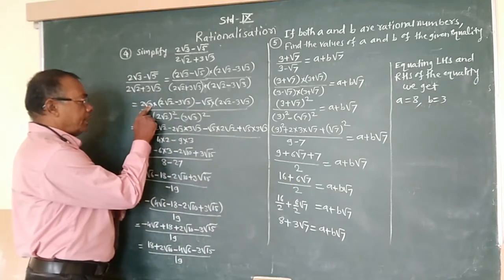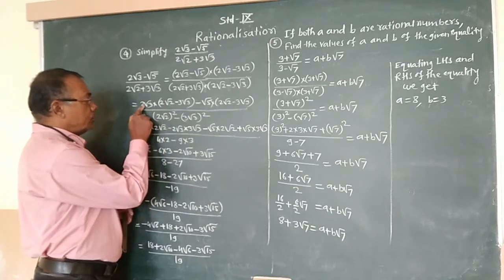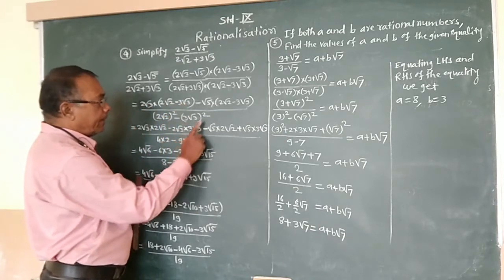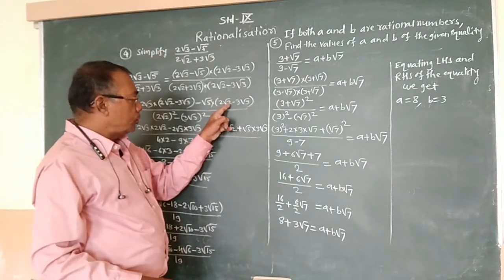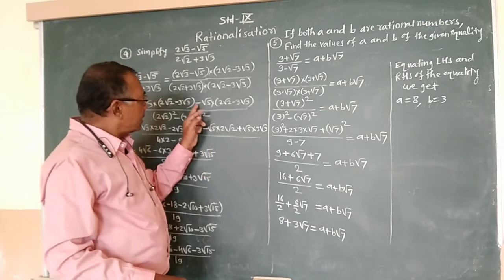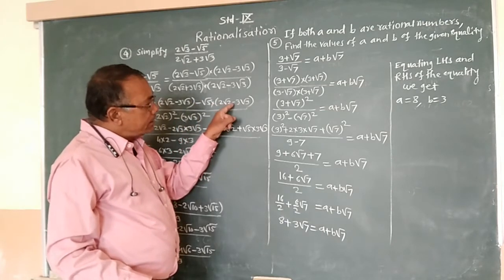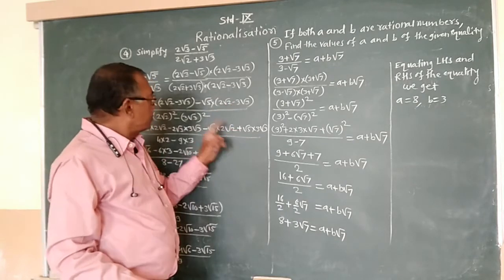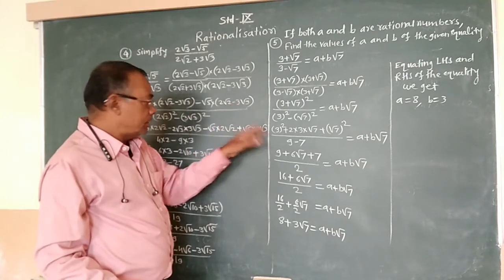Here 2 root 3 into 2 root 2 minus 2 root 3 into 3 root 3 minus root 5 into 2 root 2. But since the minus sign is outside the bracket, the inner minus will change and become plus. So root 5 into 3 root 3.